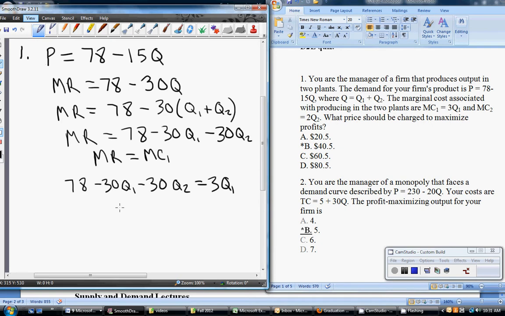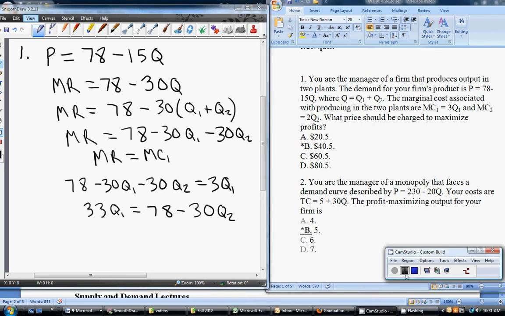The next thing we'll do is we'll add up our Q subscript 1 terms, that is. And we get the following result.